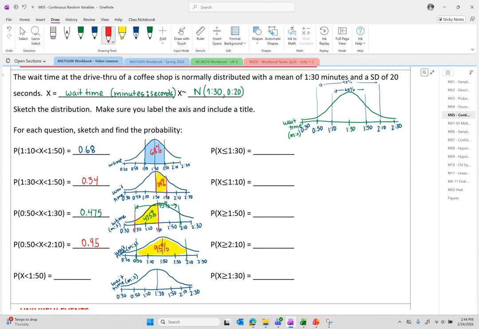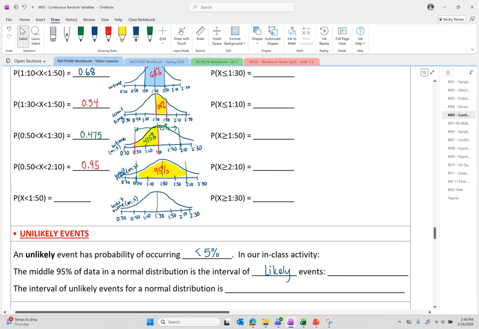Less than 1 minute and 50 seconds. 1 minute and 50 seconds is 1 standard deviation above the mean. So we know that from the mean to 1 standard deviation above the mean was 34%. We answered that question earlier.